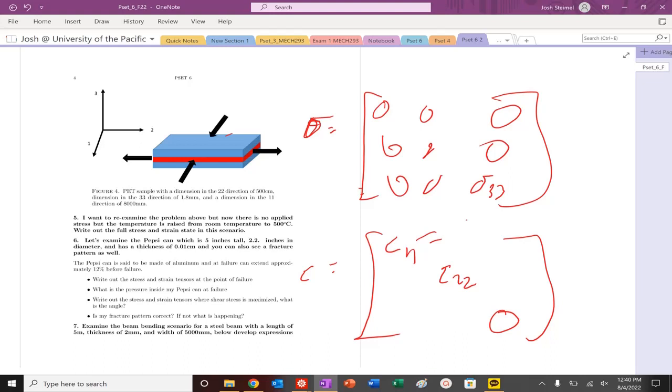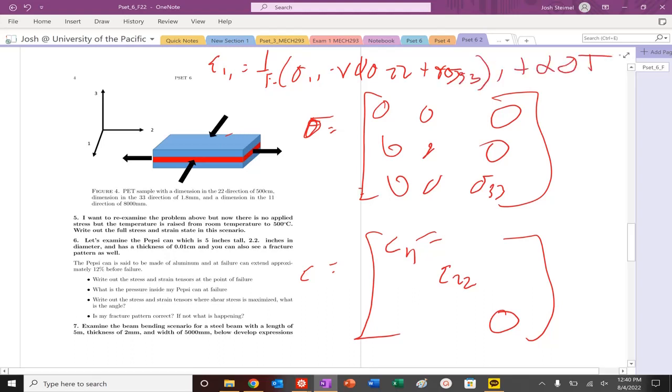So you can look up for a polymeric material, we have in our notes what is the typical value there. So remember that even if we have epsilon 1 is equal to 1 over E times sigma 1 minus nu times sigma 2 plus sigma 3, you also have to tack on the delta T. So it will want to expand, assuming that we have a thermal expansion coefficient that is positive.